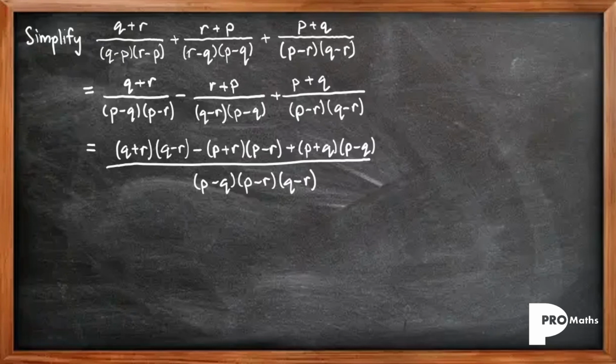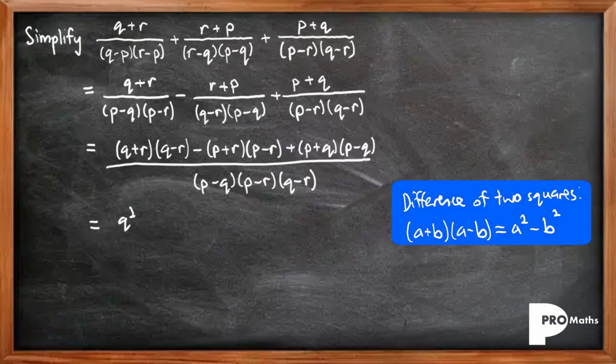And oh, look at that, our numerators are all a bunch of difference of 2 squares. So we've got q squared take r squared, and then take p squared minus r squared.